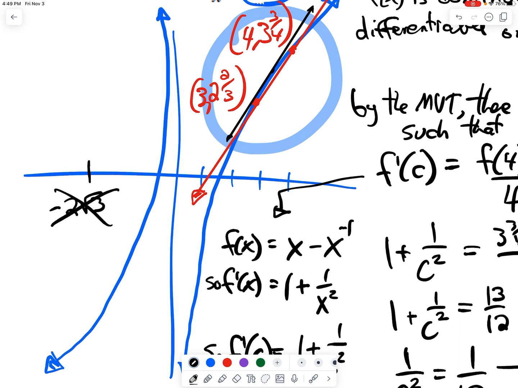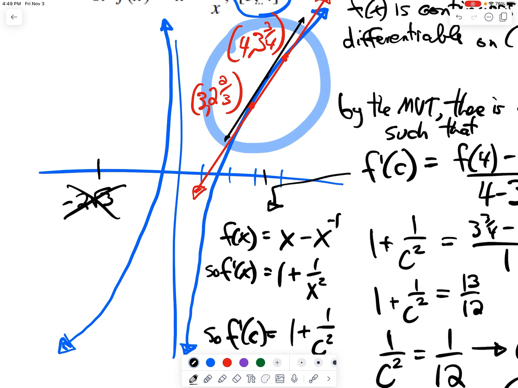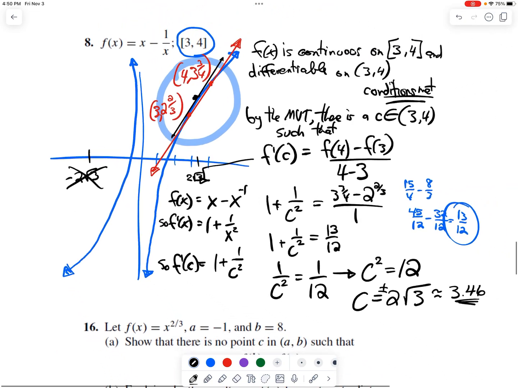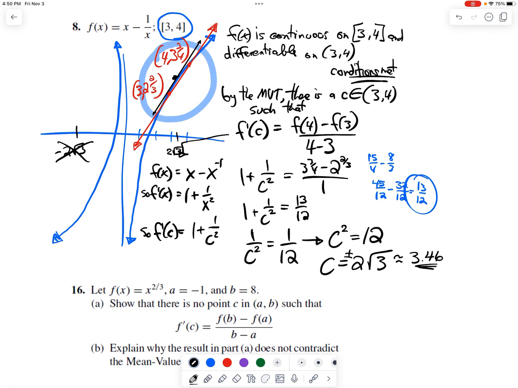So we can eliminate it. We are just looking for 2 radical 3, which is somewhere up there, which confirms that that's the place where the slope of the tangent line equals the slope of the secant line. We found our c. C equals 2 radical 3.